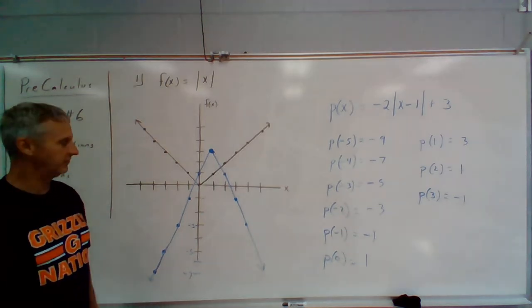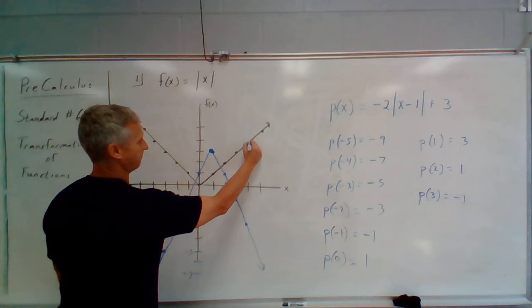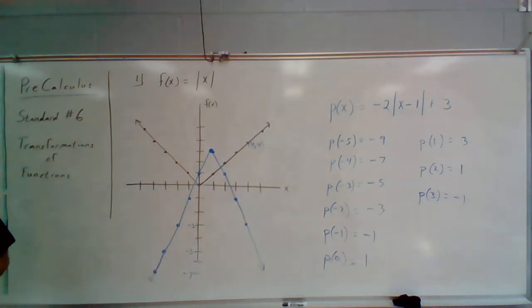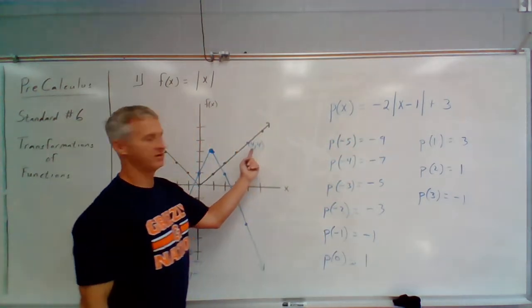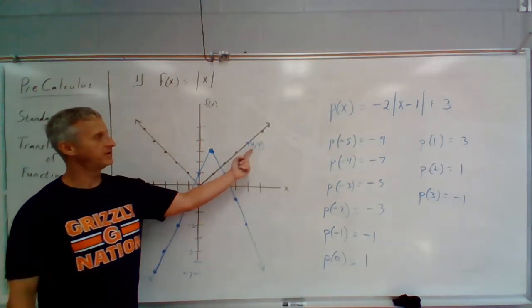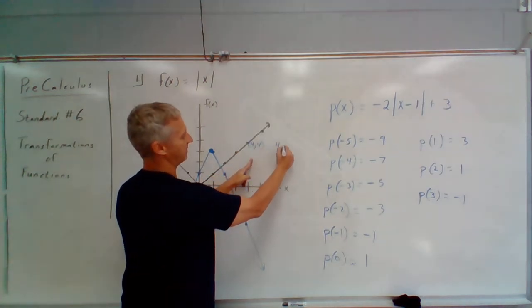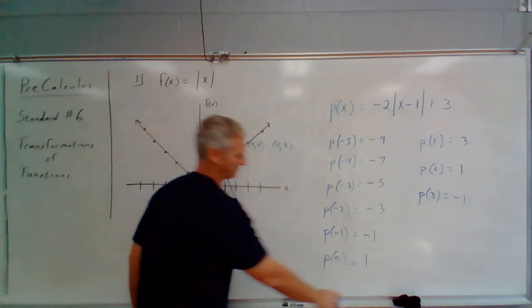Okay, let's take a look at one more point. Let's do the point 4, 4. Okay, so this point right here is 4, 4. This minus 1 will shift this point right 1. So if it goes right 1 space, this point will now be at 5, 4.